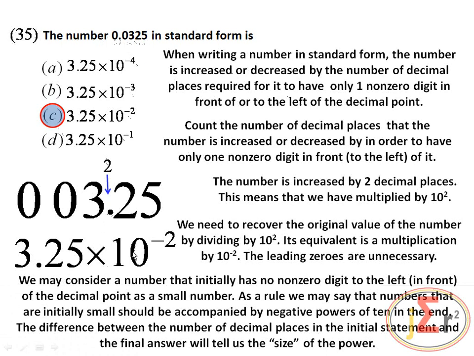So the power is required to be 2. But, as we said before, because it is a small number with no non-zero digit to the left of the decimal place, the accompanying power of 10 is required to be negative. So 10 to the power of negative 2.